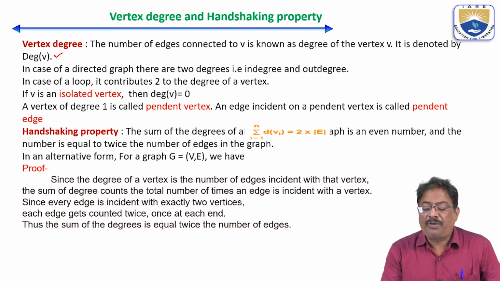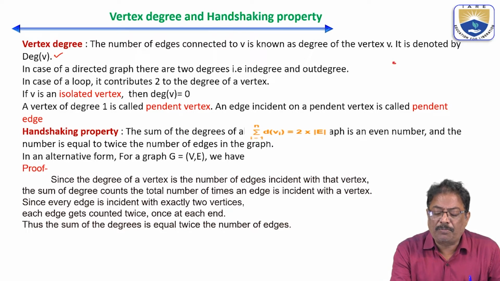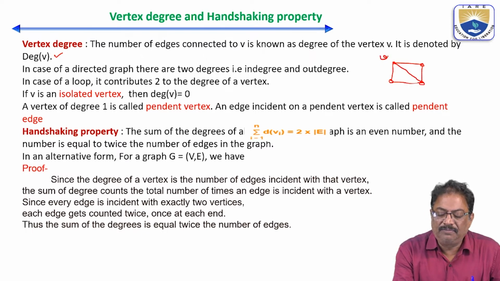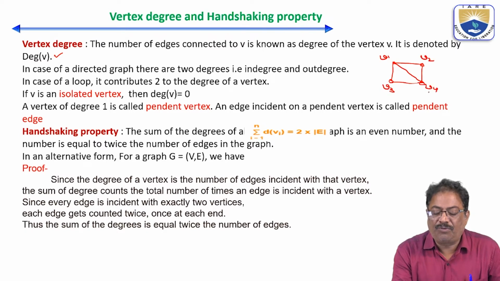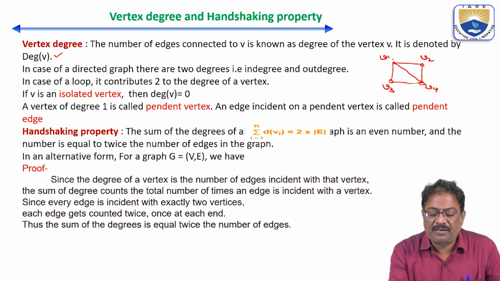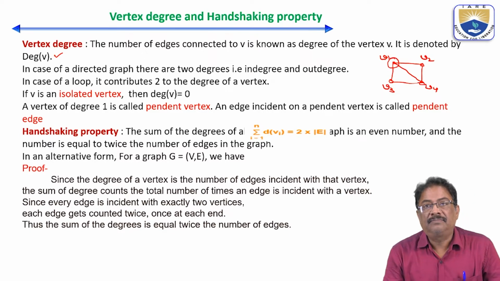Suppose I consider a simple graph like this, with vertices V1, V2, V3, V4. How many edges are connected to each vertex?